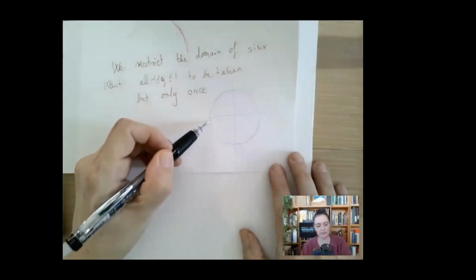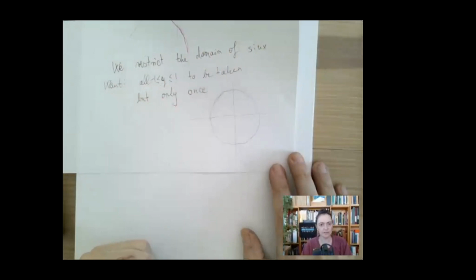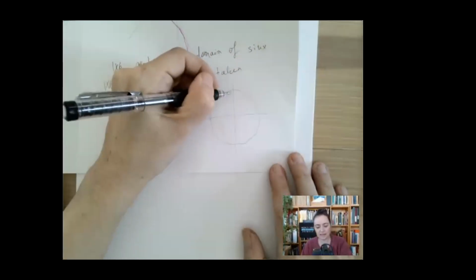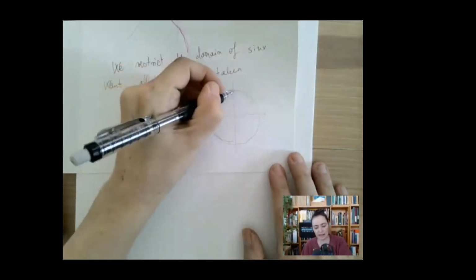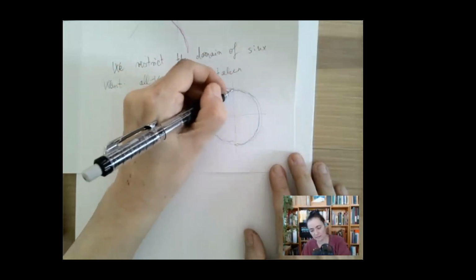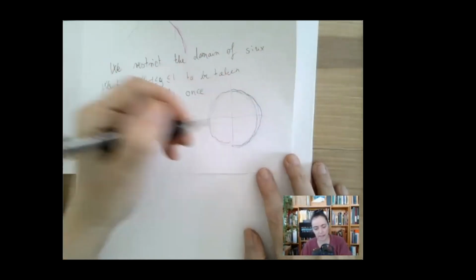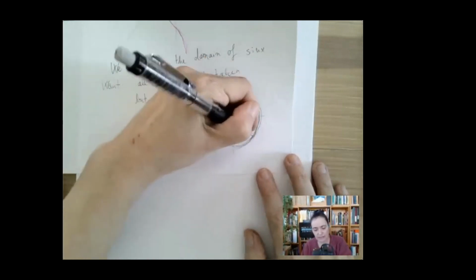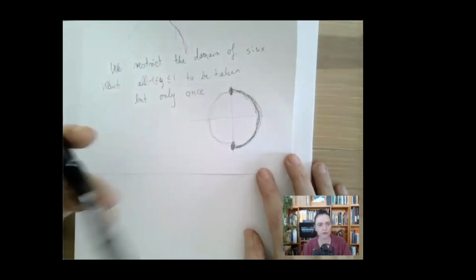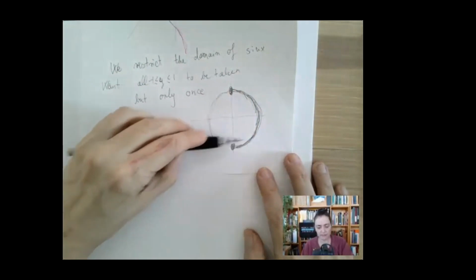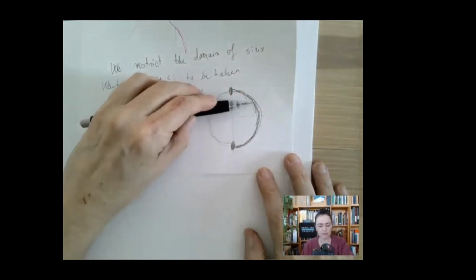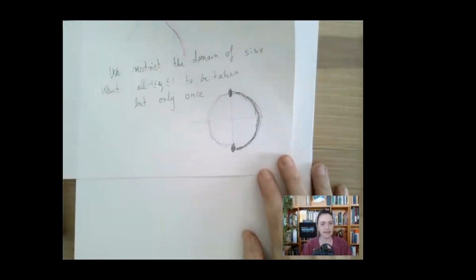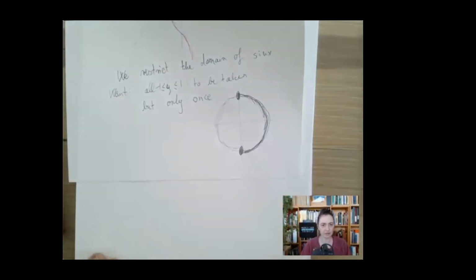This will not do. 0 to 180 will not do because we don't have any negative values and the positive ones repeat. But this kind of makes sense, and this kind of makes sense, right? And you see here, the y-coordinates of the points are -1, 0, 1, but every value is just taken once.